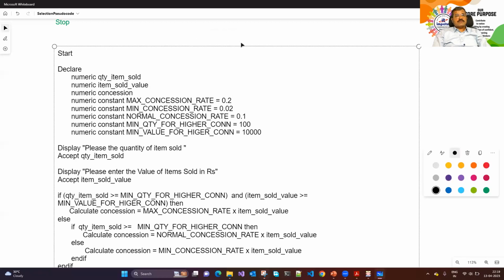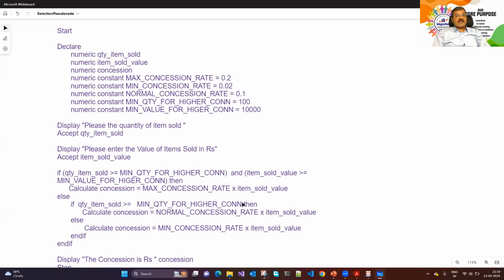It's the same code. We plan to rewrite it without using and. See, I'm making an attempt.